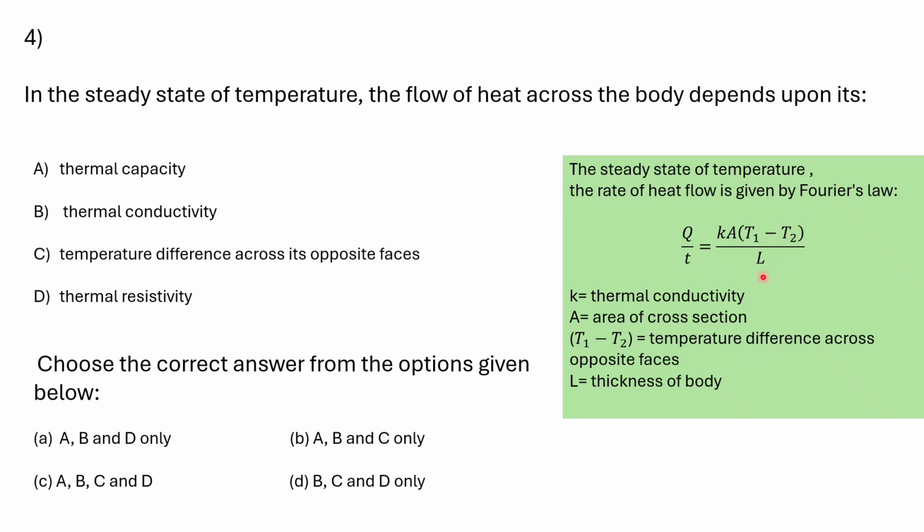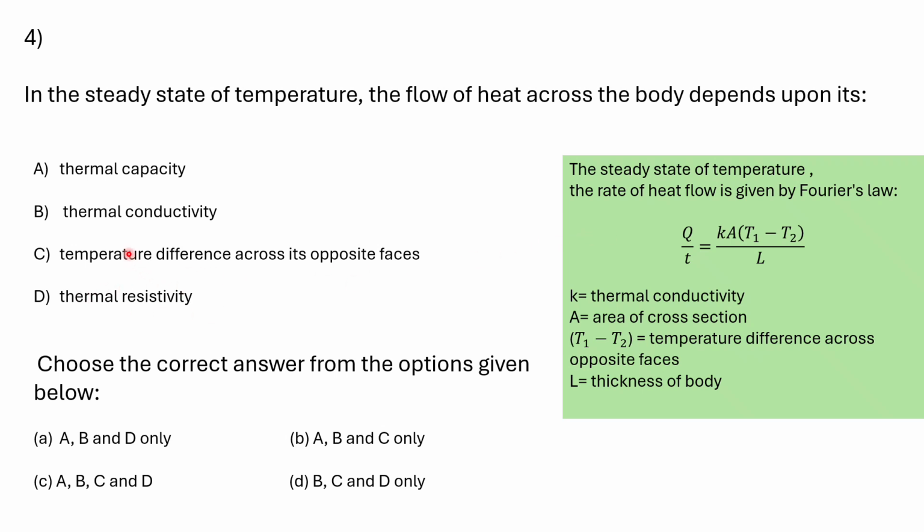Okay, so from here we can clearly see that this is proportional to K, proportional to T1 minus T2. That means the conductivity and temperature difference. Again, we know that K is inversely proportional to resistivity. That means somehow this is proportional to thermal resistivity.